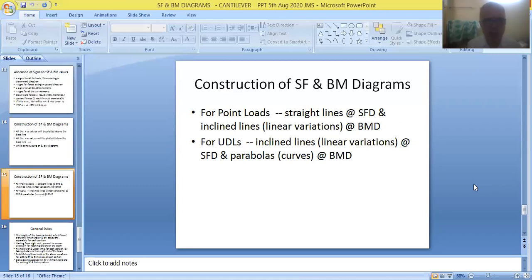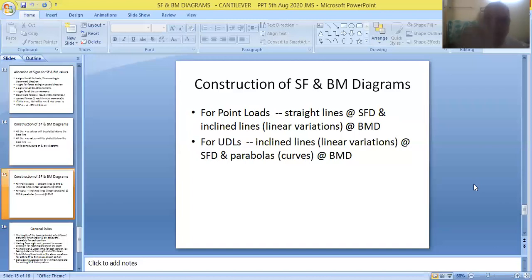So friends, in the case of point loads, we have to remember these two conditions while preparing the diagrams. And we have to remember these two conditions while preparing bending moment diagrams at UDLs. So in the case of point loads, we have to use straight lines at SF diagrams and inclined lines at BM diagrams.